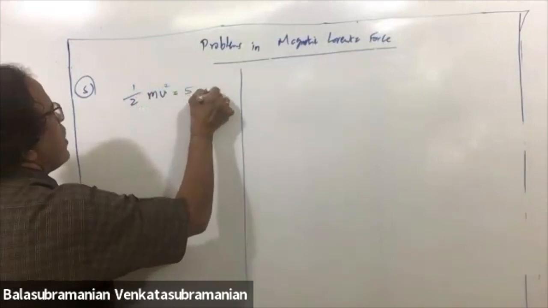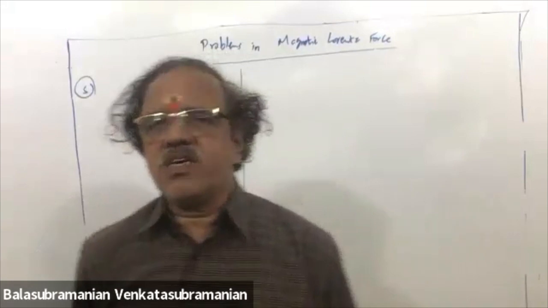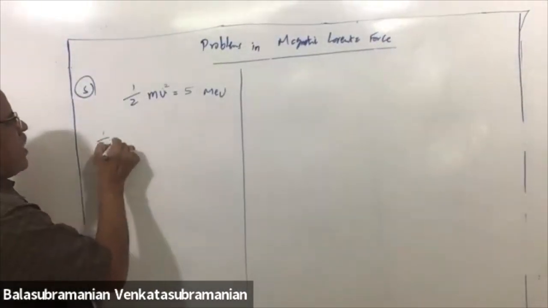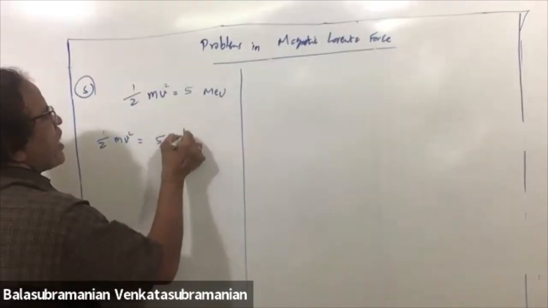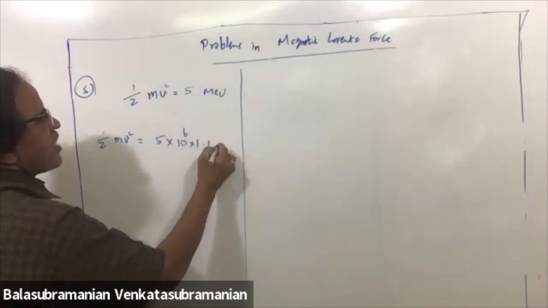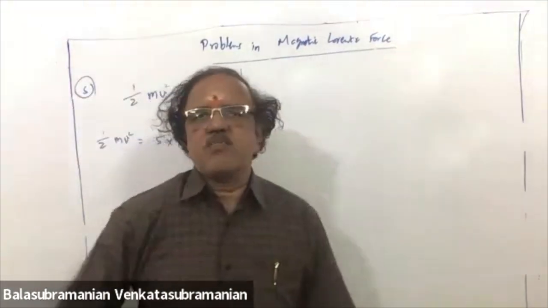Moving means that energy is equal to kinetic energy. So I can write half mv square is 5 million electron volt. Million is 10 power 6. Electron volt is 1.6 10 power minus 19.